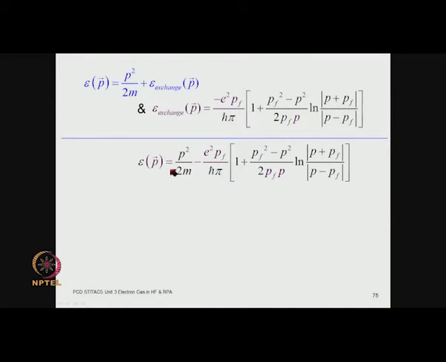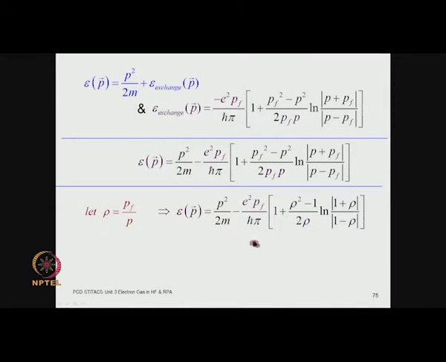We found out after substituting this term over here, we have this general form, and it is very often customary to write this in terms of the ratio rho, which is the Fermi momentum over the momentum variable p, which simplifies this or enables you to write this term in an equivalent form.